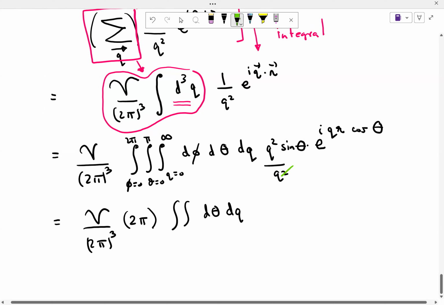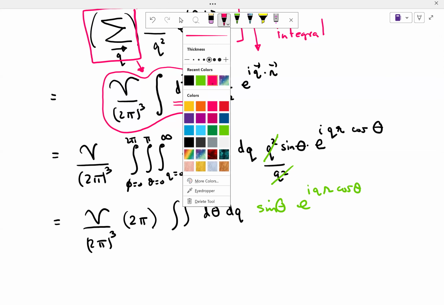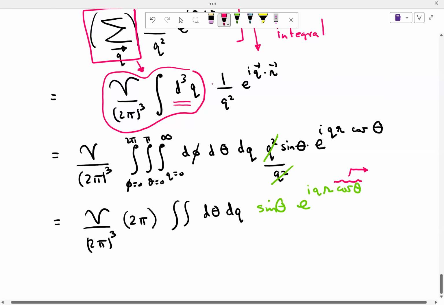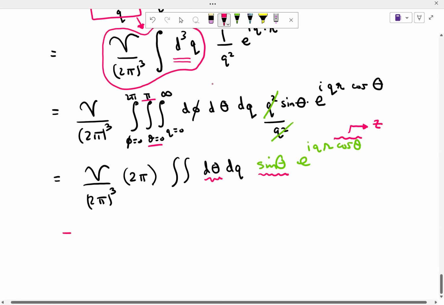This q squared just cancels out. dq sine theta, e to the i q r cosine theta. So in the next step, I do a substitution. I take cosine theta to be equal to z. This sine theta together with the d theta gives me dz. The limits will also change. So this will become an integral over z. And lo and behold, finally, my final integral will look like this.